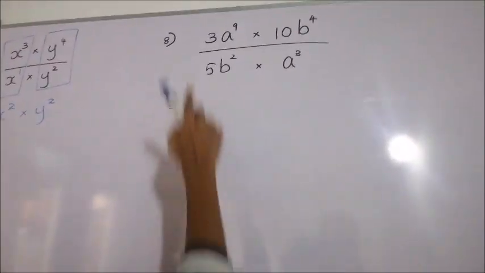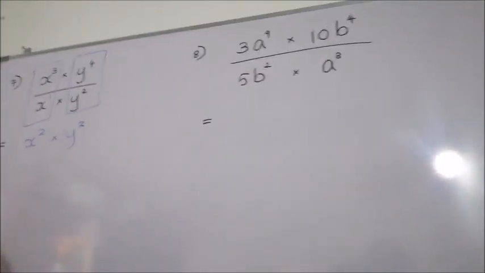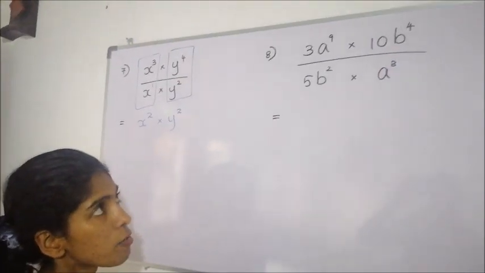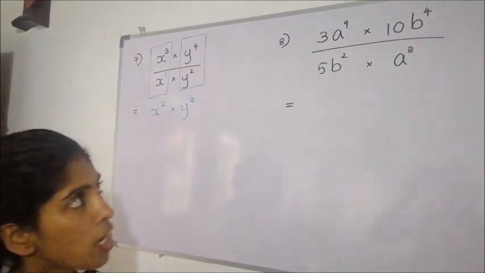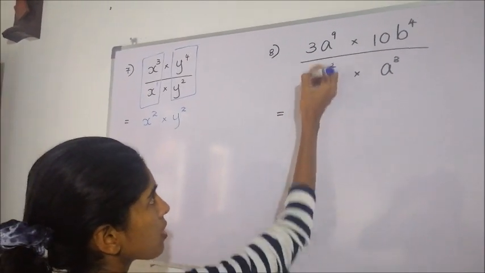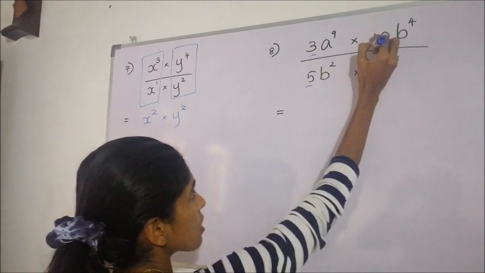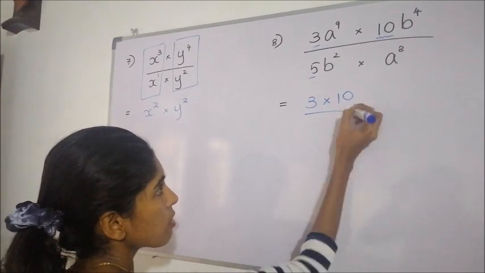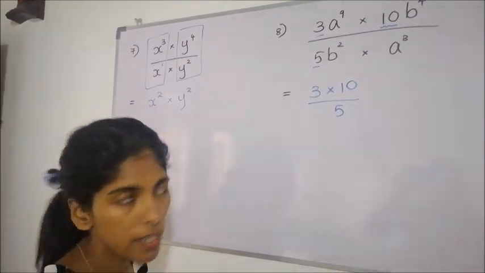Next. Right. Numbers are there and there are powers with different bases. See. Firstly, we will see what to do for the numbers. If you want, we can do like this. Take the numbers separately. 3, 5, 10, we will take separately. 3 into 10 divided by 5. Here I took it separately.